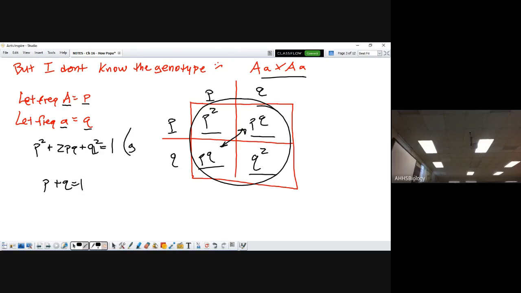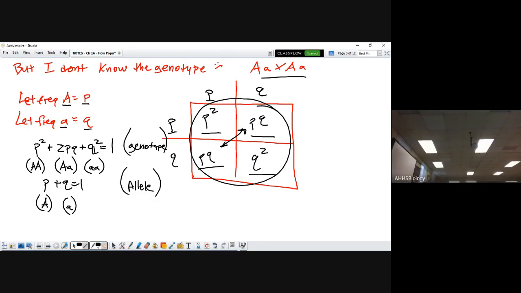So this is the genotype frequency, and this one is for the allele frequency. And so what the formula actually means, P squared plus 2PQ plus Q squared equals 1, and P plus Q equals 1, this is the frequency of big A, and the frequency of little a.